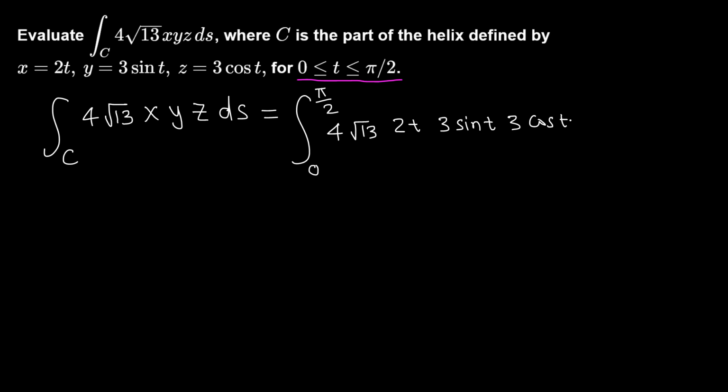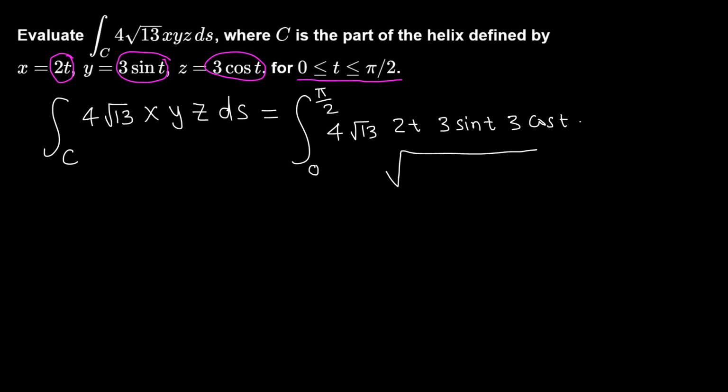With respect to arc length, that is the same as the square root of x prime t squared, x prime, derivative of 2t. Okay, find derivative of 2t squared, derivative of y squared, derivative of z squared. That goes here by formula, just to change ds.